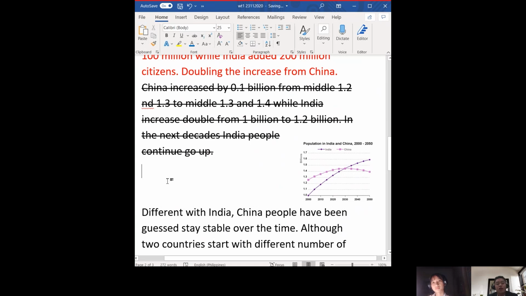You can start first with the things that you have, like, when is the start of the graph? It's 2000. So it's in 2000, right? You can actually say that in the beginning.